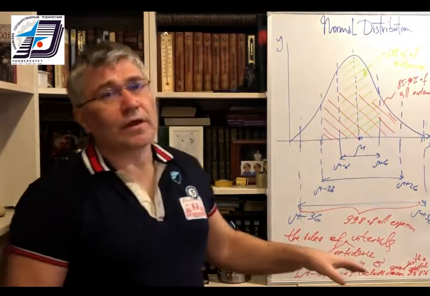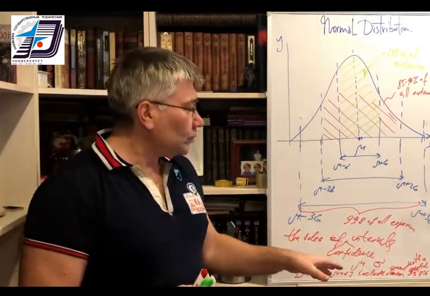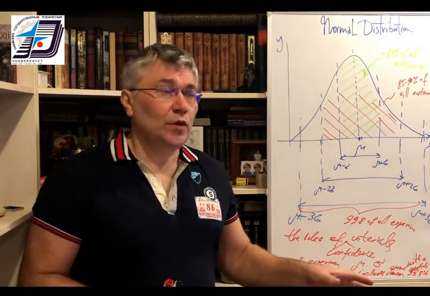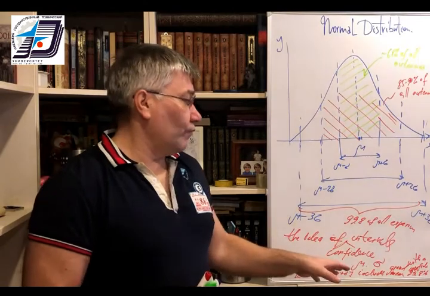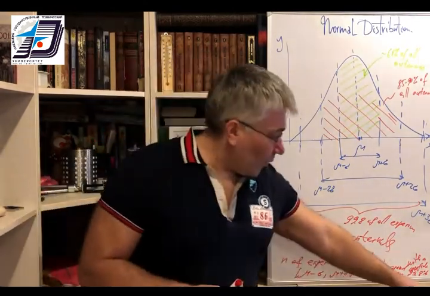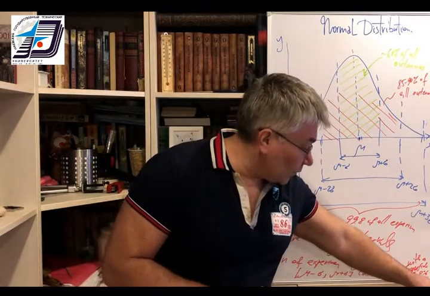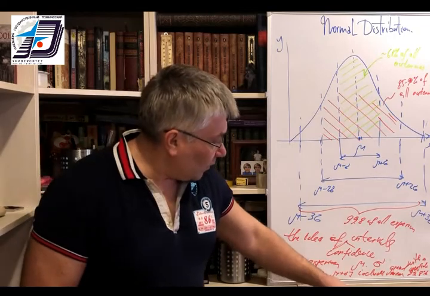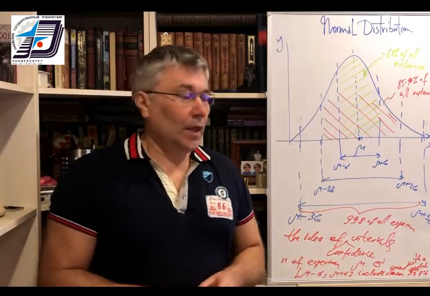So it means that your result of your experiment has a degree of credence about 99.8% within the interval mu minus sigma, mu plus sigma. Okay.